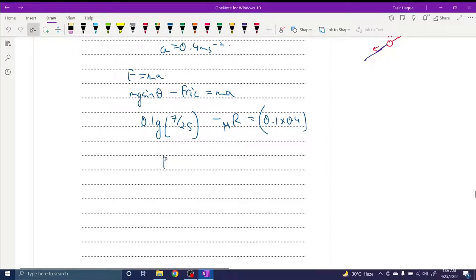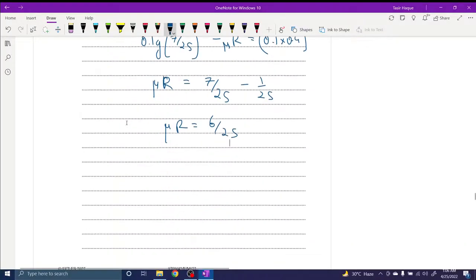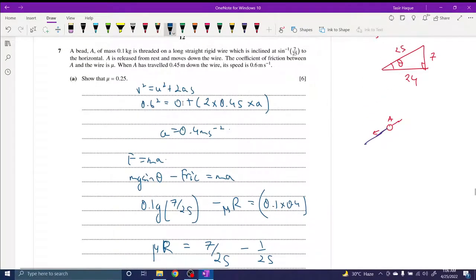So friction or mu r is actually equal to 0.1 into 10 into 7 by 25 minus 0.1 into 0.4, which is 1 by 25. Mu r is equal to 6 by 25. Now we need to find out mu, right? So what's the value of r? If we imagine it to be a slope, right?